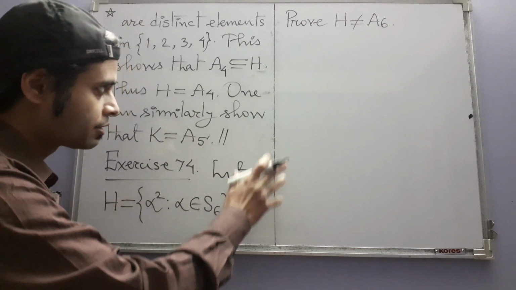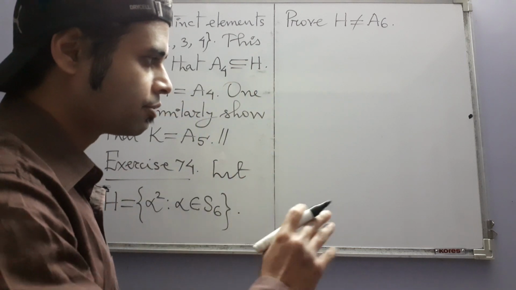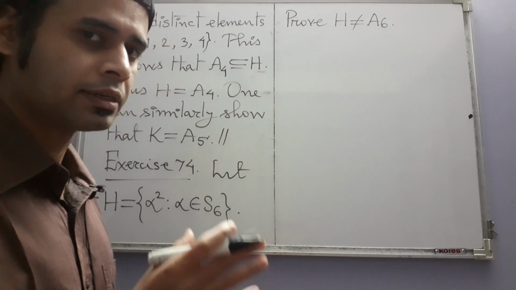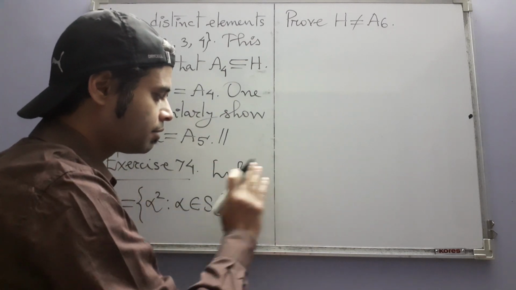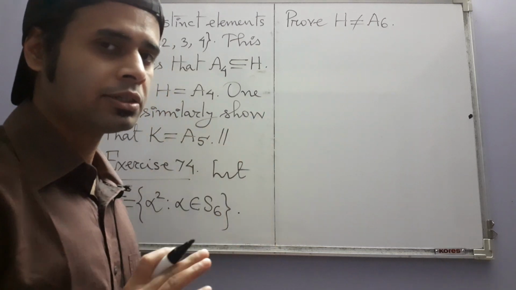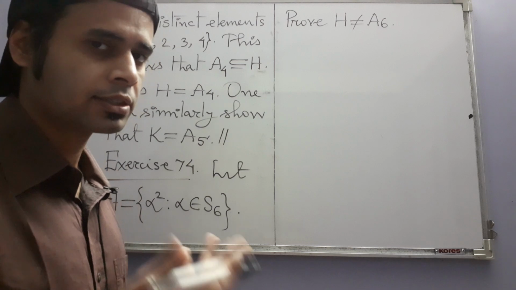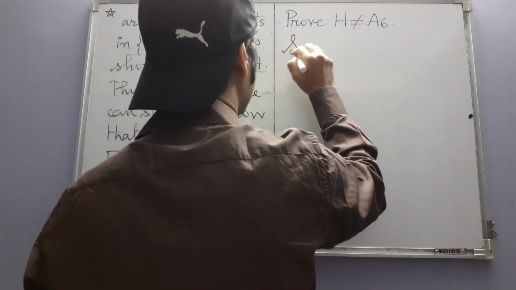So what we are going to do in the beginning of the solution is take the squares of all the cycle types and then see what we are getting, and from that information we will be able to choose an element in S6 which cannot be any of those squares. So that's how we are going to proceed. So let's see the solution.